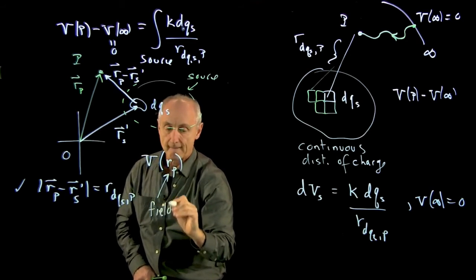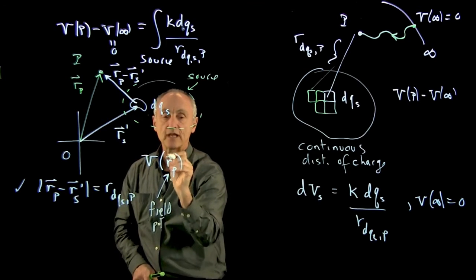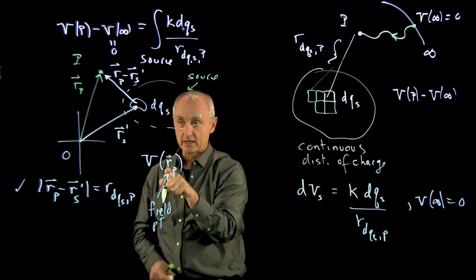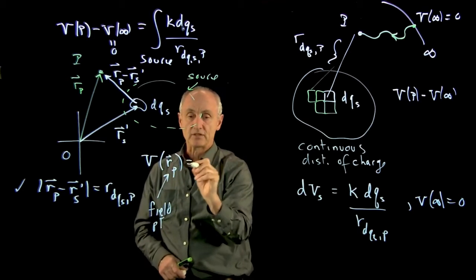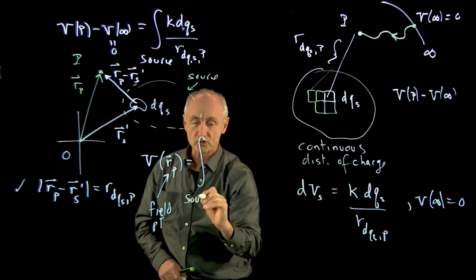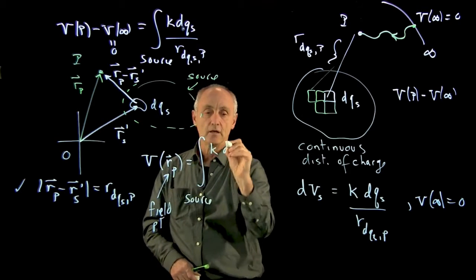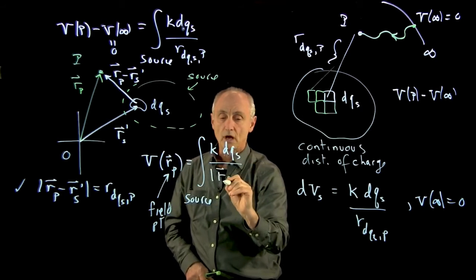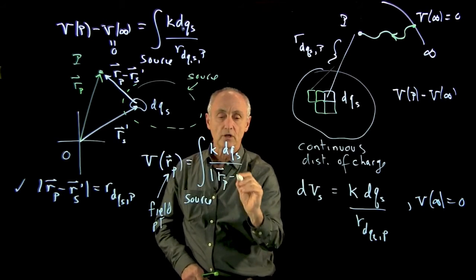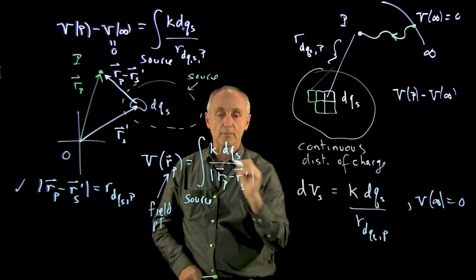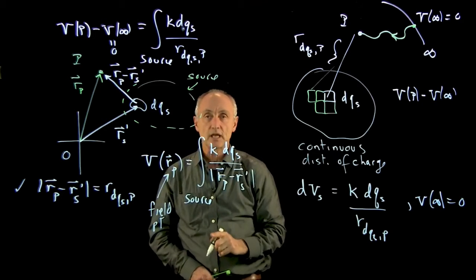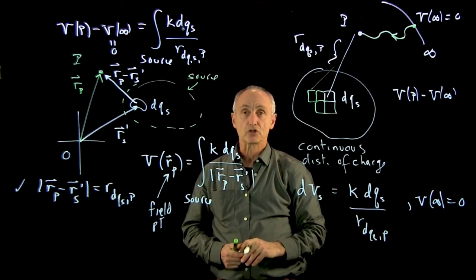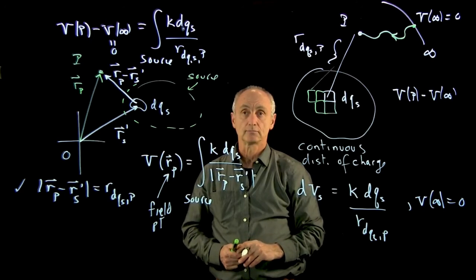This is a scalar function, but the field point is the position of that point. That's equal to the integral over the source of k dq source over the magnitude of the vector from the field point to the source. And this is a tool that we'll use to calculate potential functions for continuous distributions.